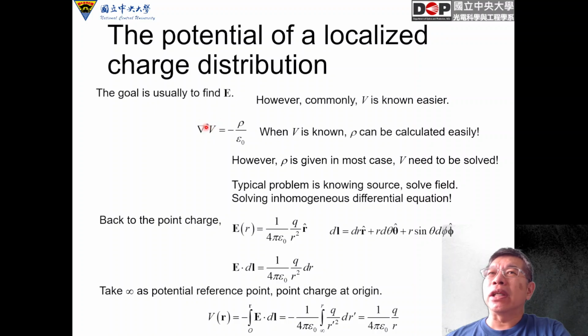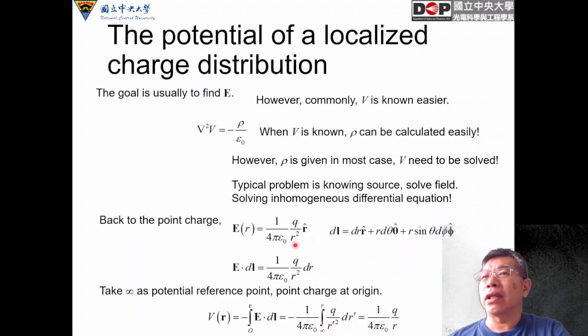Directly calculating the potential from the charge distribution is easy, but the other way is more difficult. So the typical problem is knowing the source, solving for the field, solving an inhomogeneous differential equation. This is difficult. So now we go back to the point charge. How are we going to deal with it? Here is just the electric field contributed by a point charge.